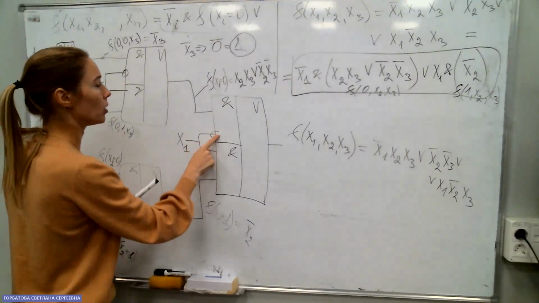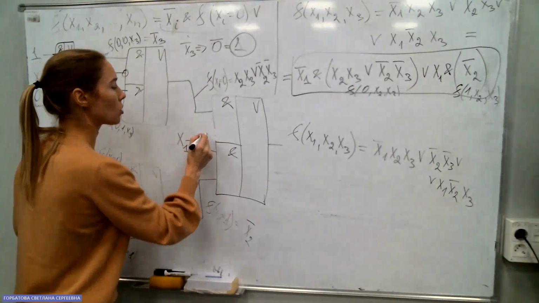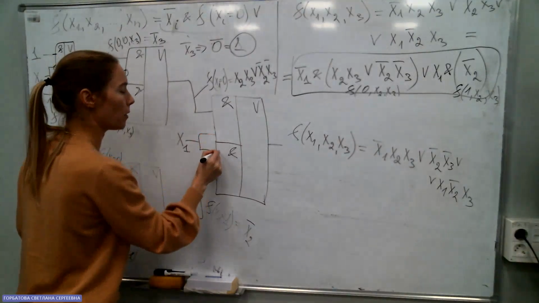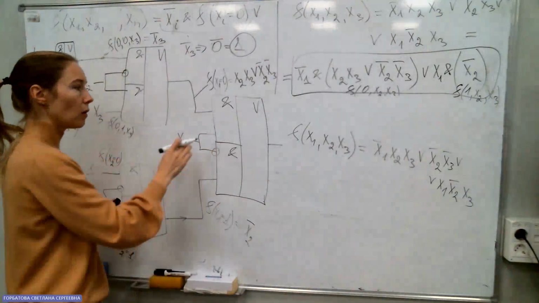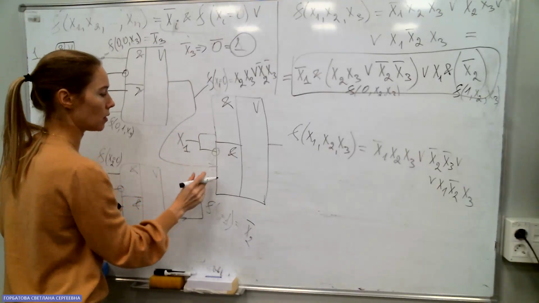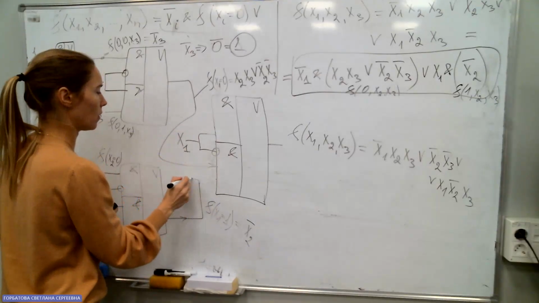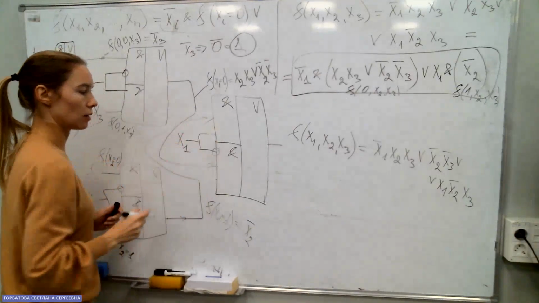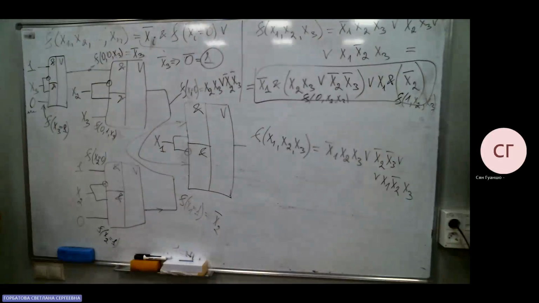If you write like this, this is x1, this is not x1, then you need to change positions. But for both of them, x1, not x1, not x1, it is not possible.